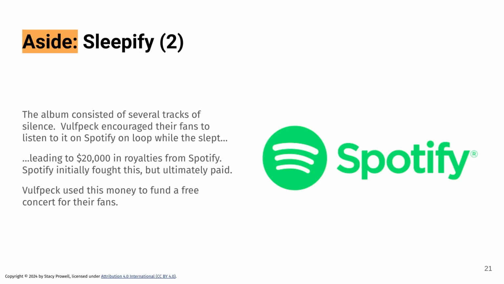And this led to Spotify owing Wolfpack about $20,000 in royalties. Now, they initially fought this, but ultimately they ended up paying the royalties. And then Wolfpack in turn used this money to fund a free concert for their fans, which is kind of cool.